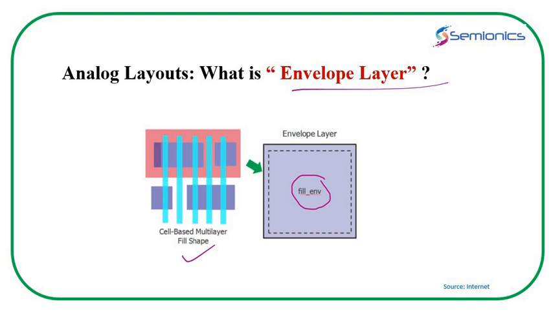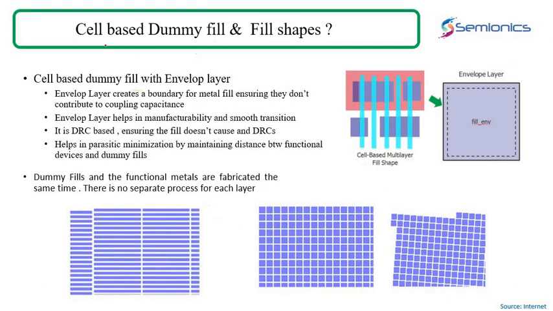So what exactly is this? Let's dive into it. We know that fill can be of two types. It could be a dummy fill in the form of standard cells or in the form of fill shapes. What I mean to say is you may have seen that whenever you've got some modules, there is an empty space.